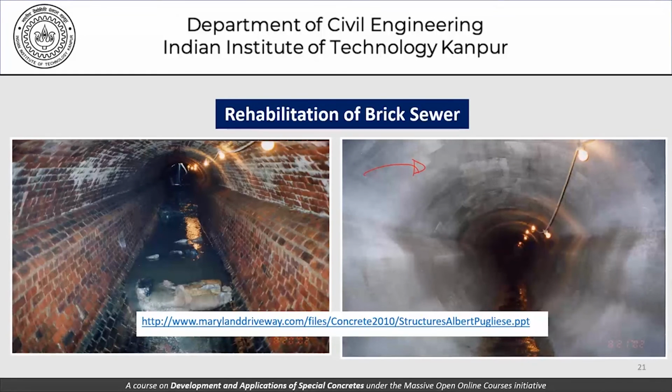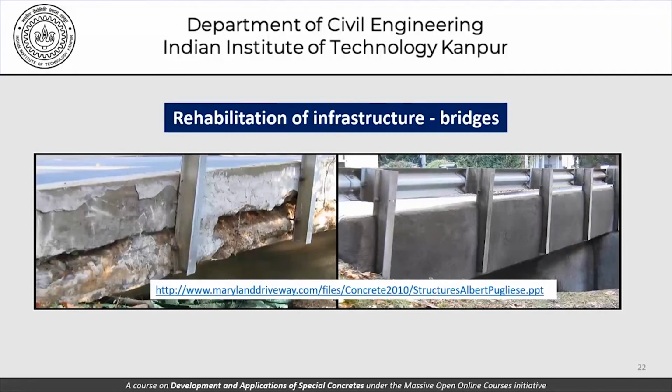And then of course we have the rehabilitation of infrastructure, maybe bridges, where we can see this kind of deterioration. And this is the picture which we have after a deposit of shotcreting, not necessarily on this surface alone, but after the loose concrete and everything has been removed from here, maybe additional reinforcement has been placed in position, and then carrying out the shotcreting operation.